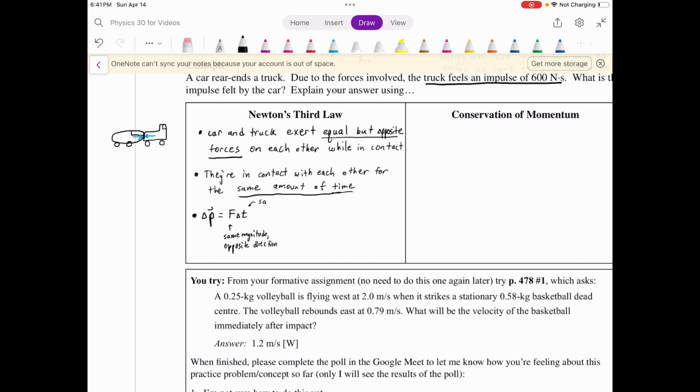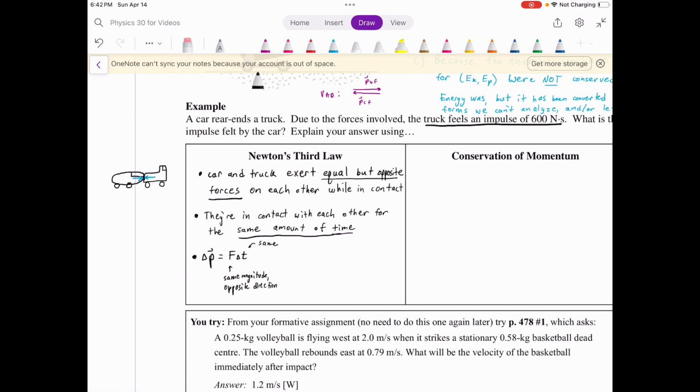So what can we say then if impulse is just force times time? They felt the same force, just in opposite directions, for the same amount of time. Well, the impulse is also going to be the same magnitude, but opposite direction, right? The impulse will also be equal but opposite. So if the truck felt an impulse of 600 newton seconds, the car is going to feel an impulse of negative 600 newton seconds.